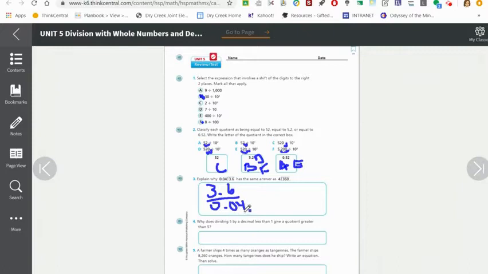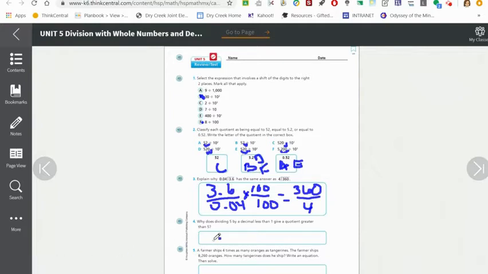And since this is in the hundredths, I know that I can multiply the top and bottom by 100. And if I do that, that's going to give me 360 divided by 4, which is the same thing as this problem. So by multiplying by 100, it's like increasing it by 100, and then I get the same answer.